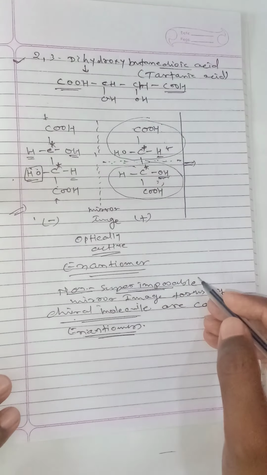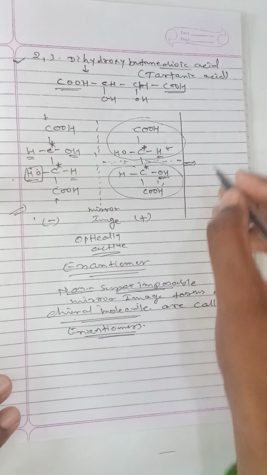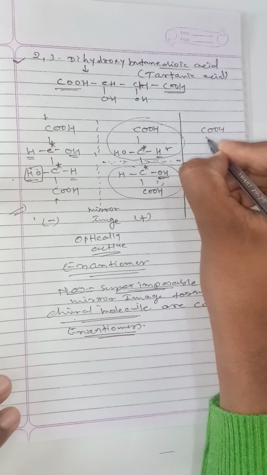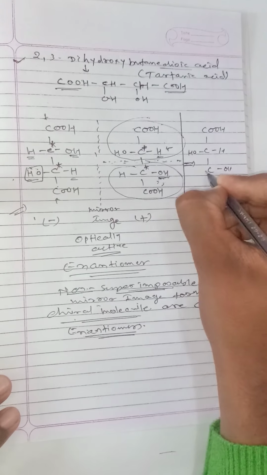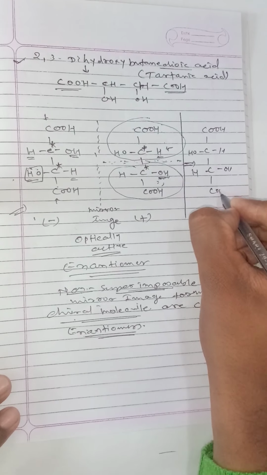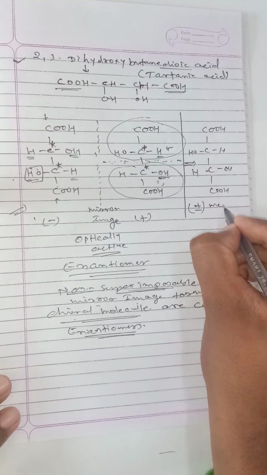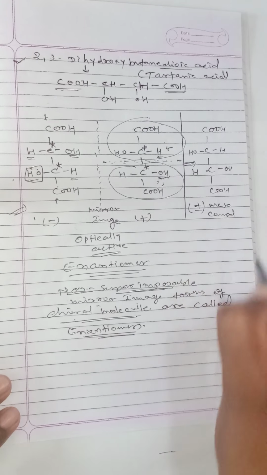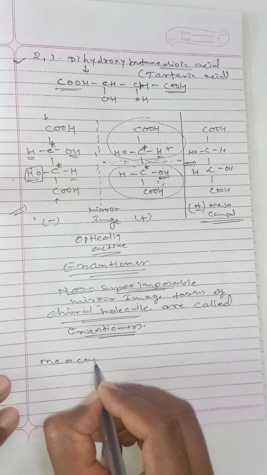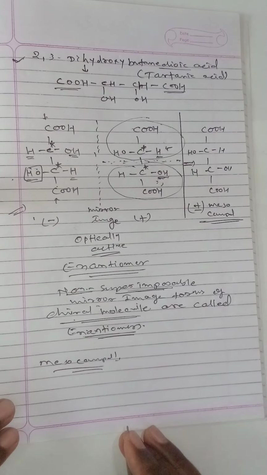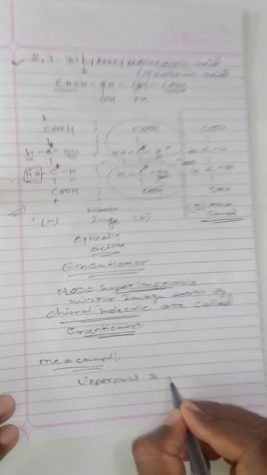And this meso form is optically inactive. Here OH, plus or minus, meso compound. So here we can write for meso compound: upper part and lower part.